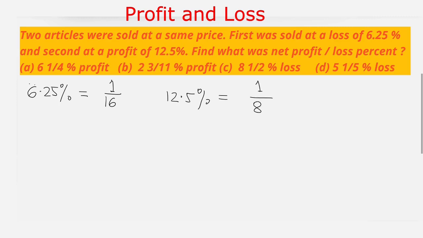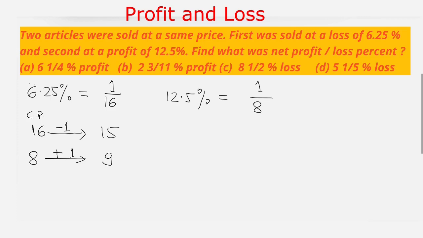It means that the first article costing 16 was sold at a loss of 1, that is -1 we write, and the SP becomes 15. And the second article costing 8 was sold with a profit of 1 and sold at 9.